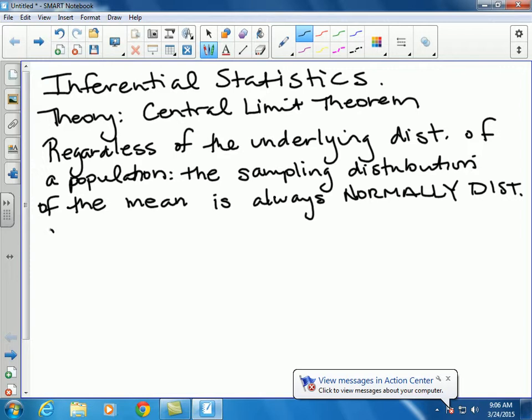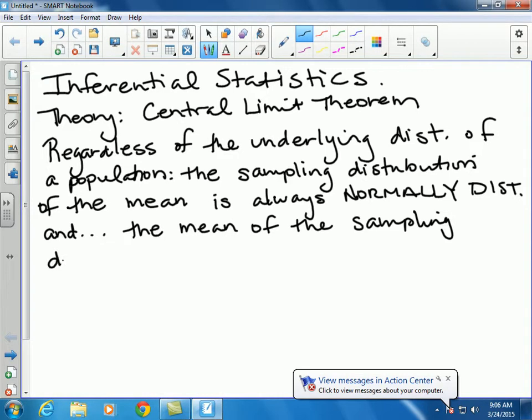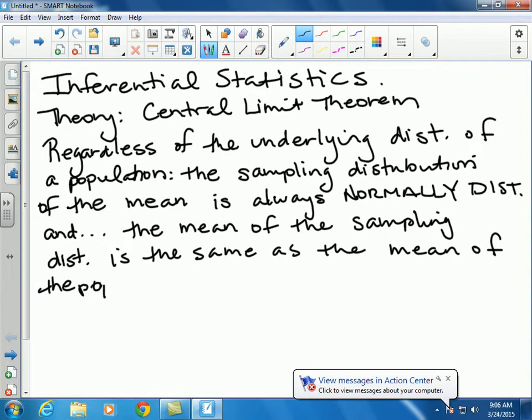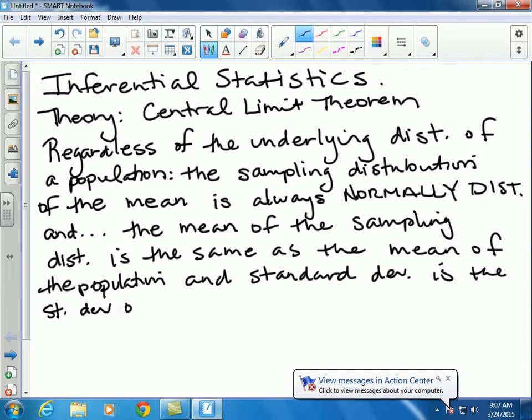And it also says, and the mean of the sampling distribution is the same as the mean of the population, and the standard deviation is the standard deviation of the population divided by the square root of n.